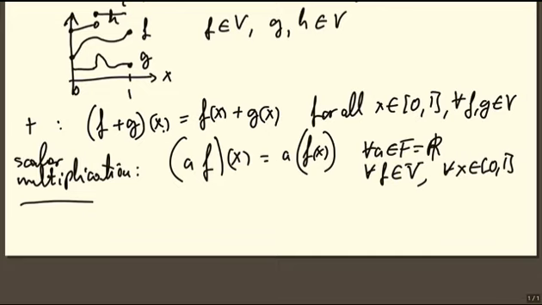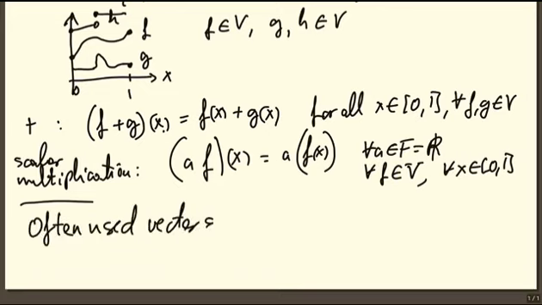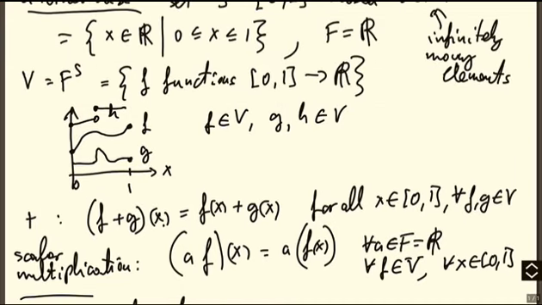Another popular example, often used vector space. So the problem with this previous vector space, or one potential problem, is that I didn't specify what kind of function I'm talking about. It could be piecewise defined, continuous, or differentiable function. And then it could be very esoteric function.